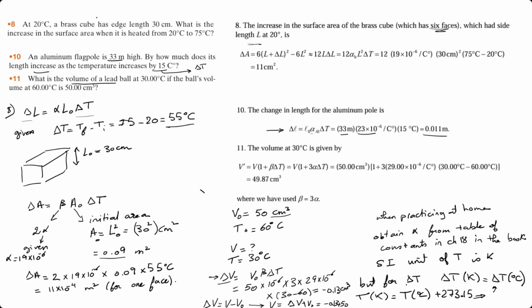So I just found V, it is going to be 50.13 centimeters cubed. Actually, it will be 40 something. I have to subtract here, yes. So I have 50 minus 0.13, 49.87. This is the final volume. This is the volume when the temperature is 30. Any questions?